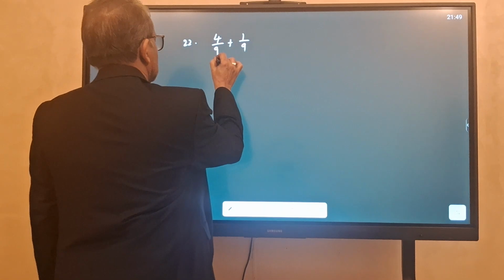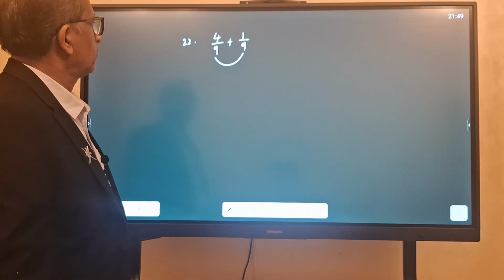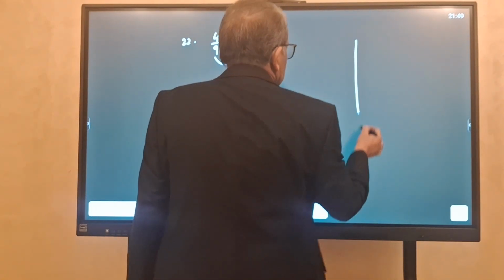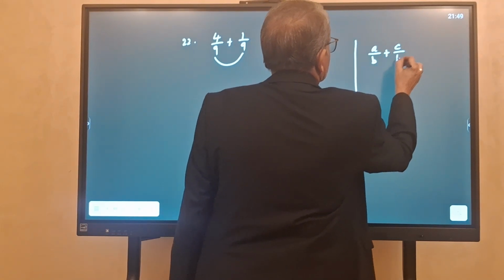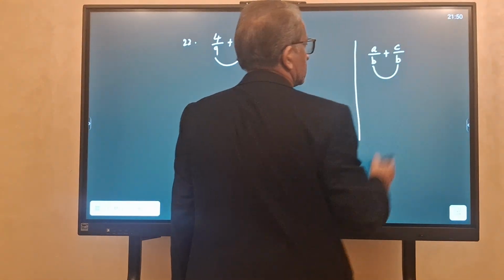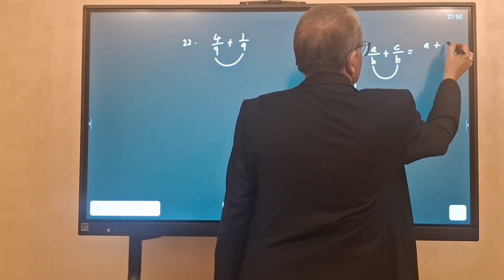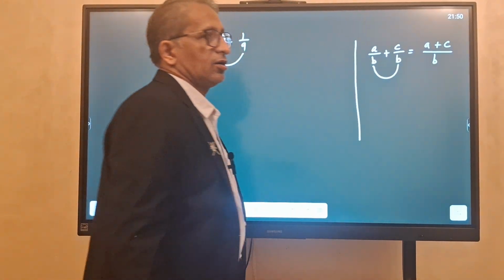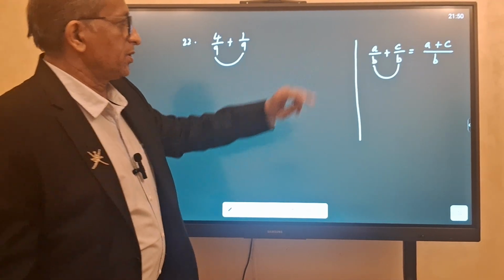But the point here is that the denominators of both the fractions are same. So when the denominators are same, it is very simple. Just add the numerators and take the denominator as it is. That is B, same, and A plus C.